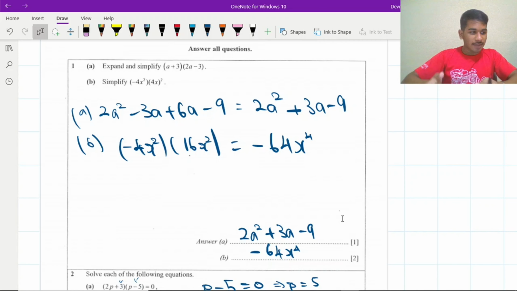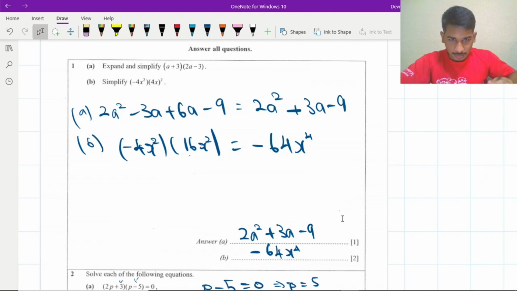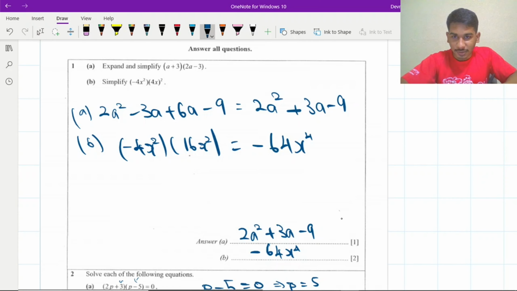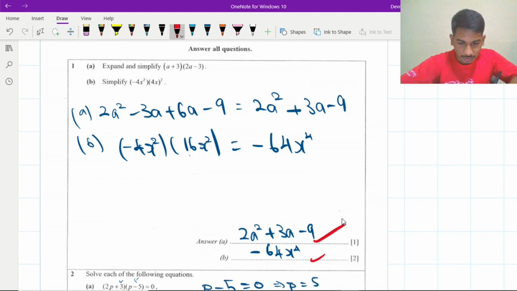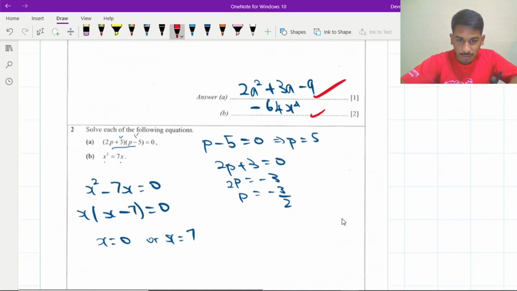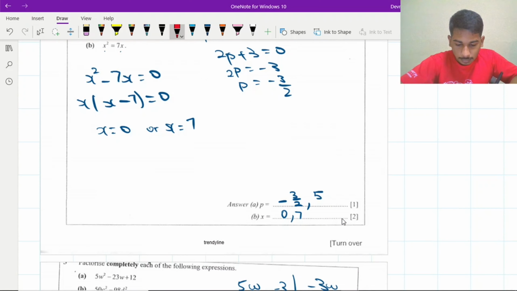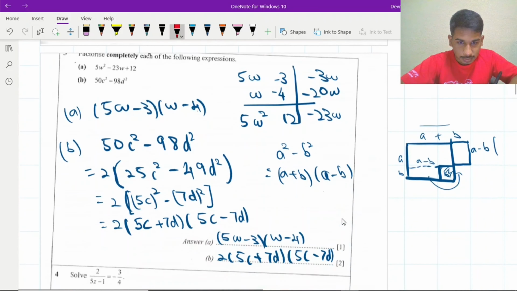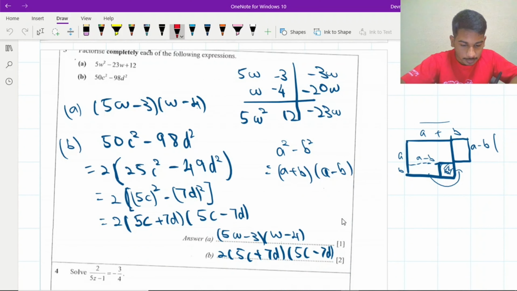Okay, guys. I have the answer key with me right now. You can't see clearly, but let's see how many marks I got. Okay, let's take a red pen. Got it. Cool. Okay, let's keep going. Okay, it's correct. Correct.